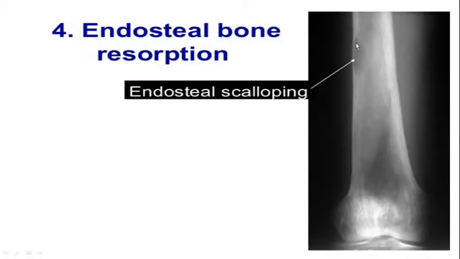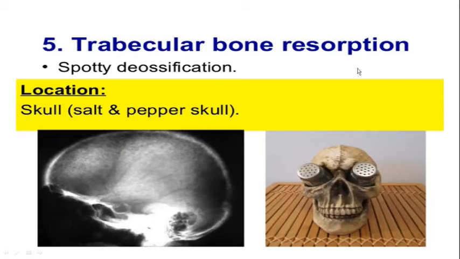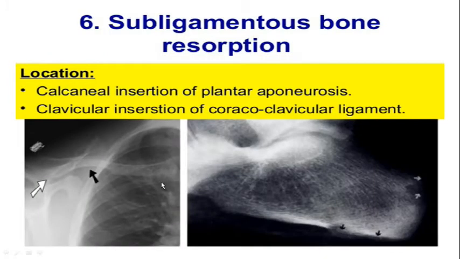And this is called endosteal scalloping. Then there can be a trabecular bone resorption with this spotted ossification. A very typical name is the salt and pepper skull because of the varying osteolytic lesions in the bones of the skull. Then subligamental bone resorption can also be there, and diffuse osteopenia is very common.